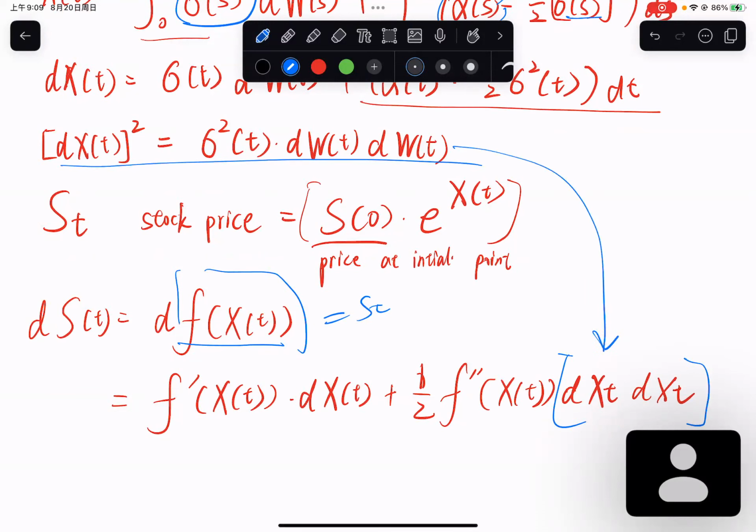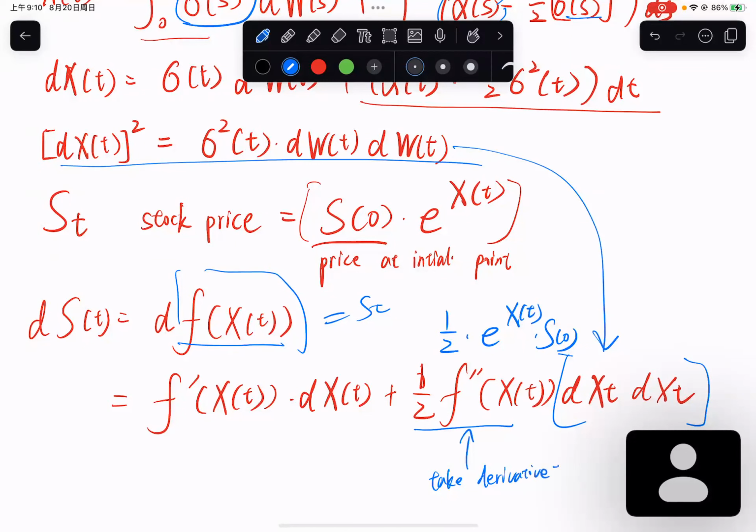We know this part is just this, and the time-derivative part should just be 0, because we are taking the derivative according to t, so nothing is going to change here. We are taking the derivative according to X_t. If we denote this as something else, let's say delta, then basically nothing changes here.